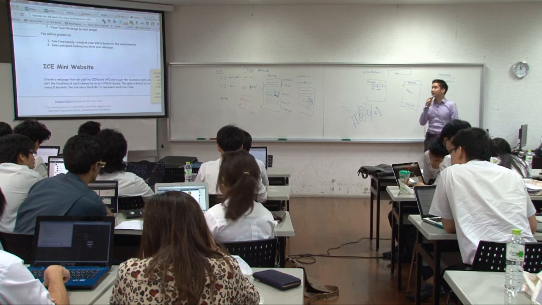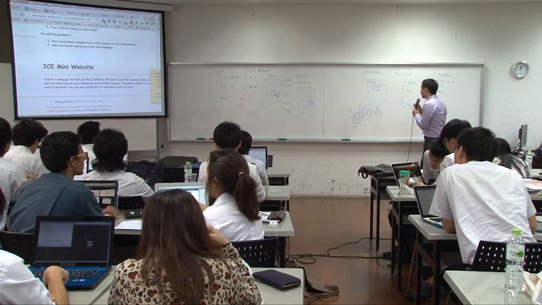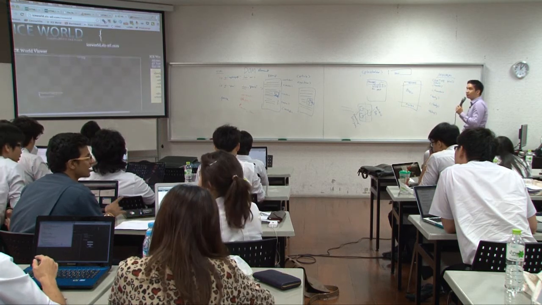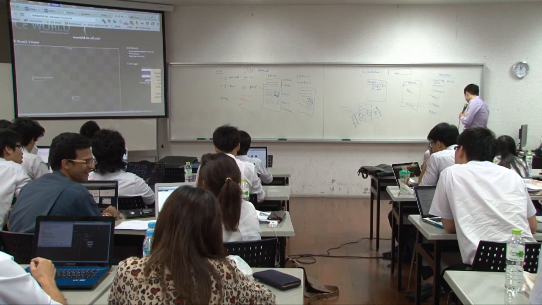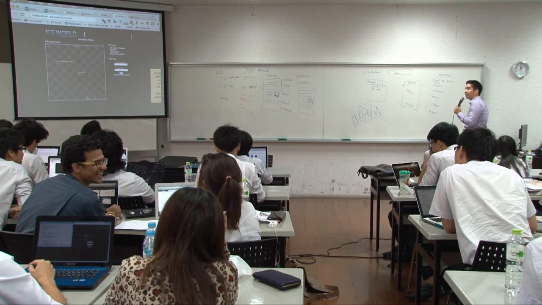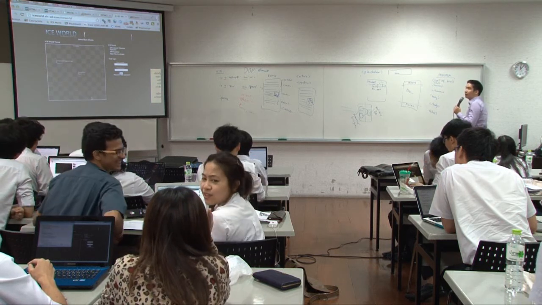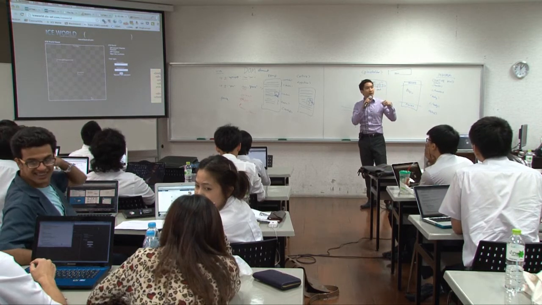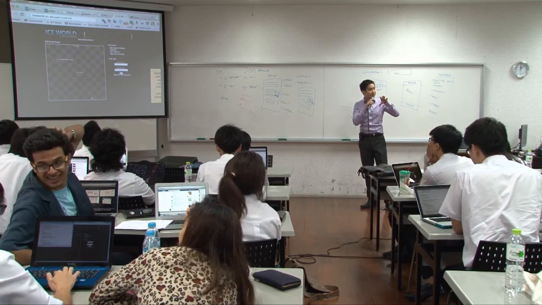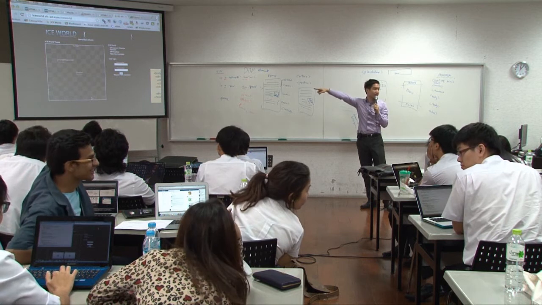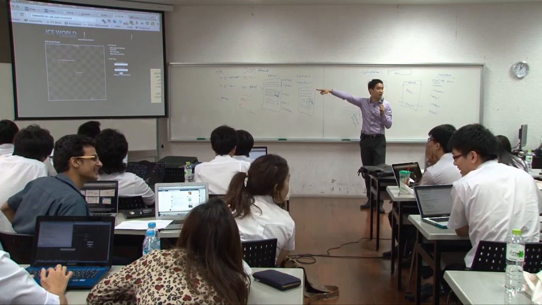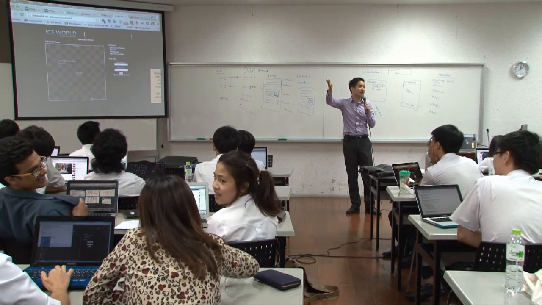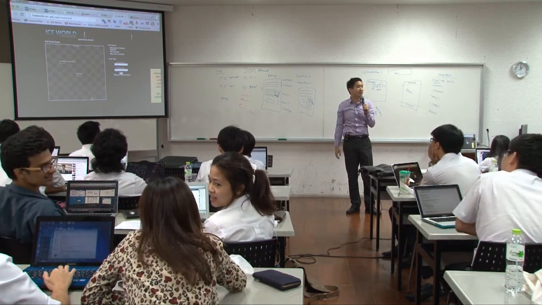And then the second one is essentially what you just saw. This is what you're supposed to create. Something like that, where you would make API calls to the Iceworld server to get the current state and then plot it onto the web page. And you probably could use something like the HTML5 Canvas.